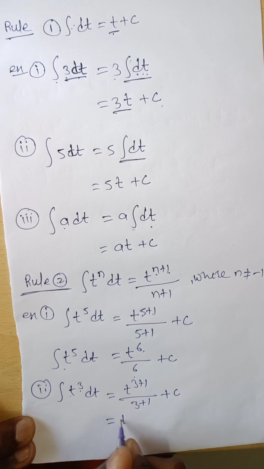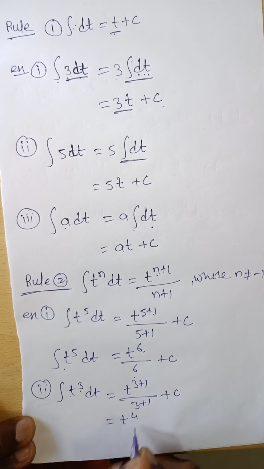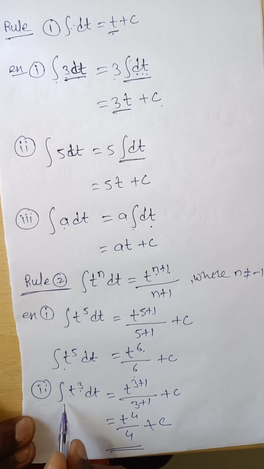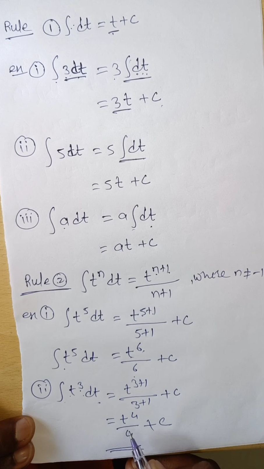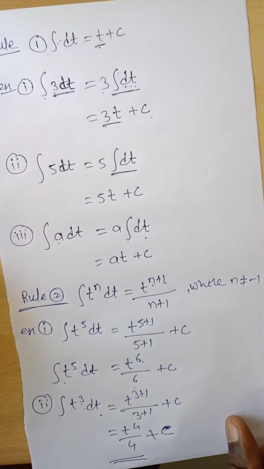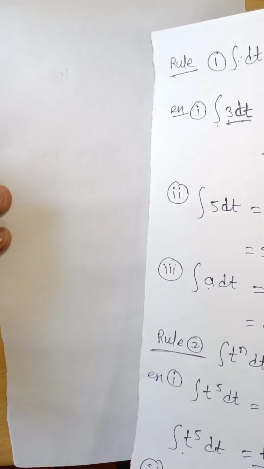This is t to the power of 4 divided by 4 plus c. Then the integration of t cube dt is t to the power of 4 divided by 4 plus some constant c. Now again we see one more example based on that formula.